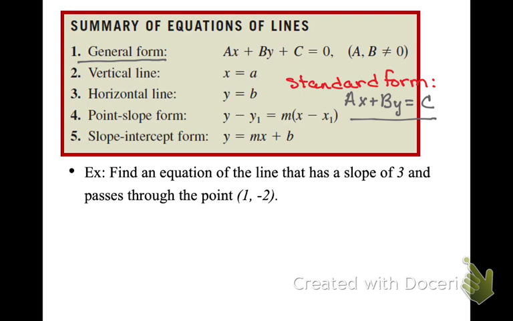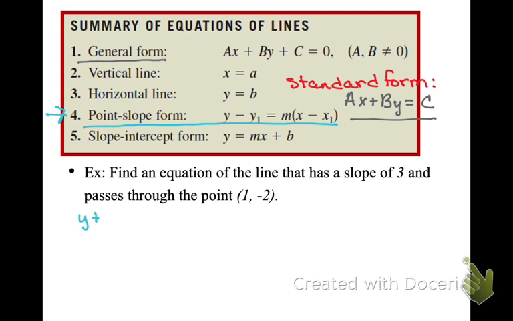We'll do them all. So the key is point slope. That's the one we're going to usually start with because we have a point and a slope.